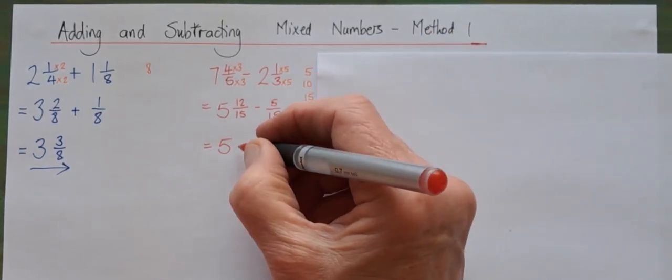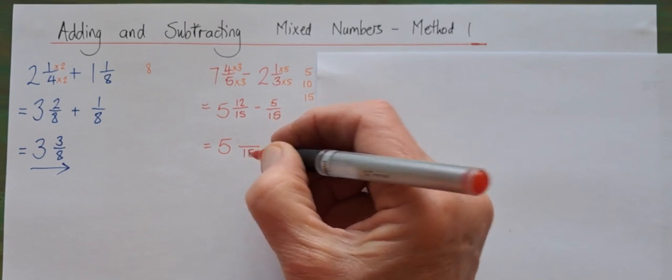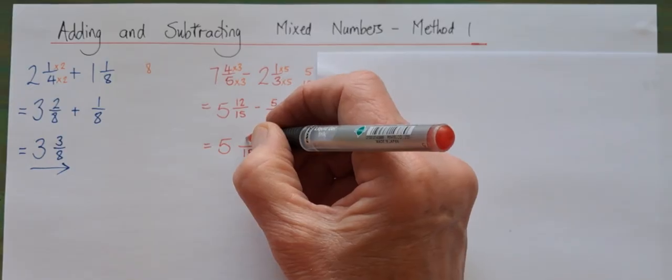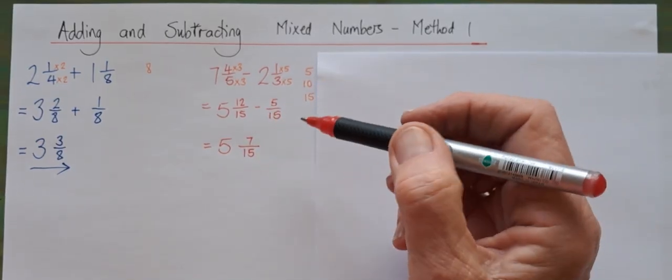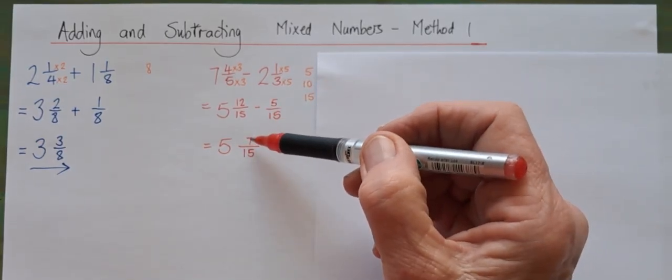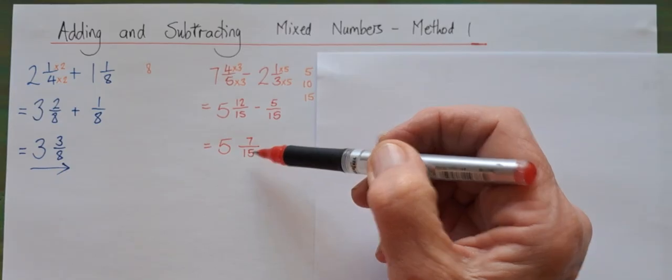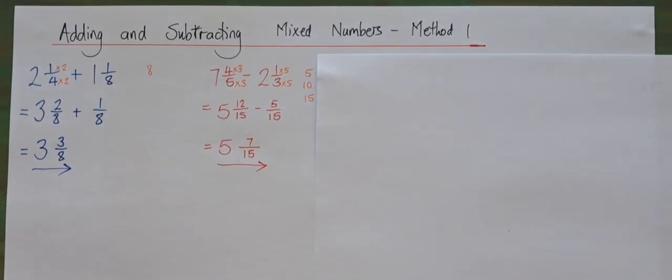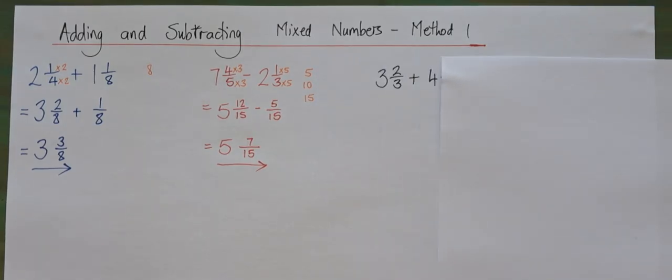The denominators are the same, so now I'm allowed to subtract the numerators, and 12 minus 5 is equal to 7. Again, let's check. Is there anything that would divide into 7 and into 15? No, so that part is in its simplest form, and my answer is 5 7/15.